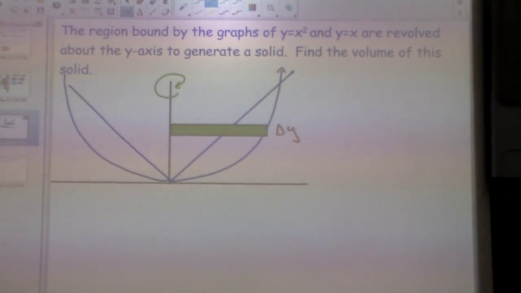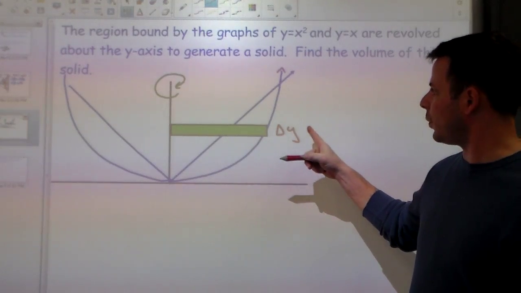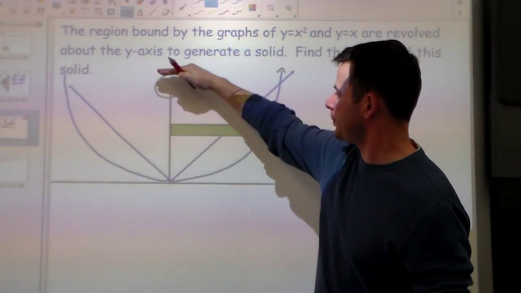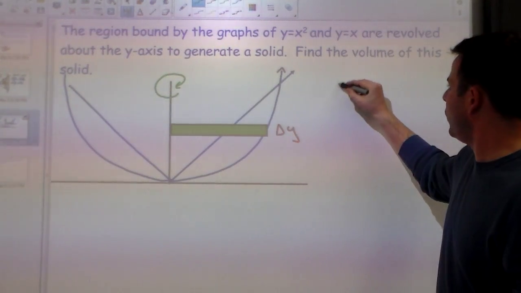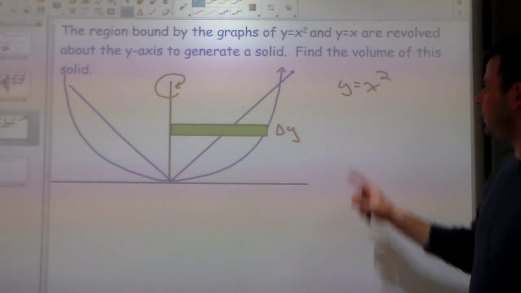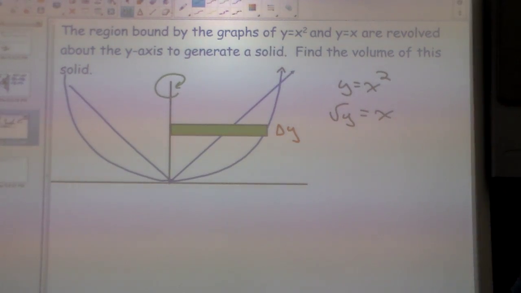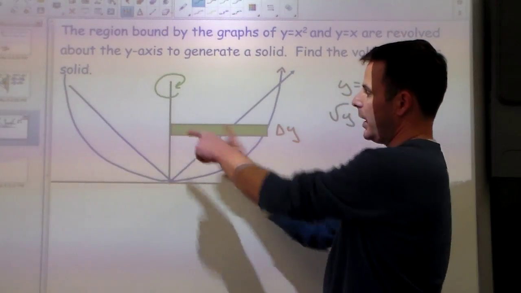However, that has a width of delta y. So if we have a width of delta y, that's telling us a lot. That's telling us that we want y limits of integration and we want a y integrand. Unfortunately, we have y equals x squared as our function. So we simply have to solve for y. Radical y equals x. And there's our integrand that we'll be squaring for the outer radius.